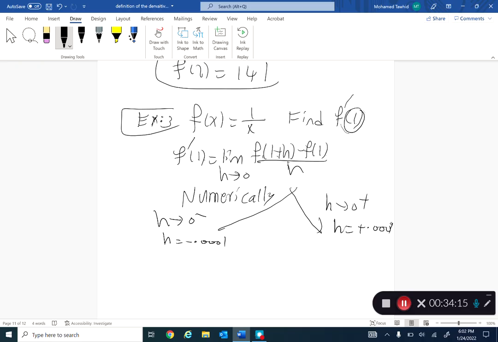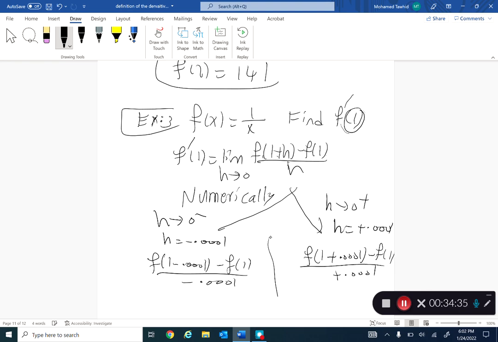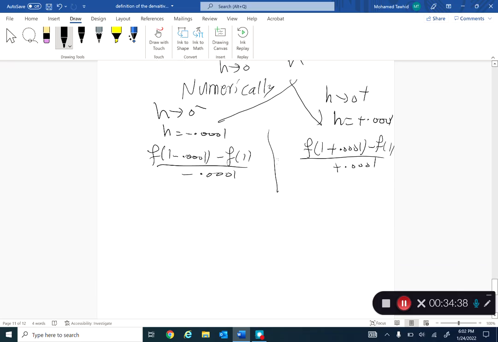So here you have f of 1 minus 0.0001 minus f of 1 over negative 0.0001, and here you have f of 1 plus 0.001, that's from the right, minus f of 1 over h, which is plus 0.001. Now that is your left derivative, that is almost f prime of 1, and that is almost f prime of 1.